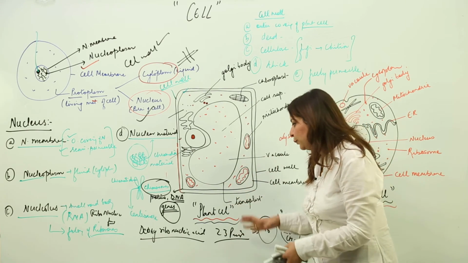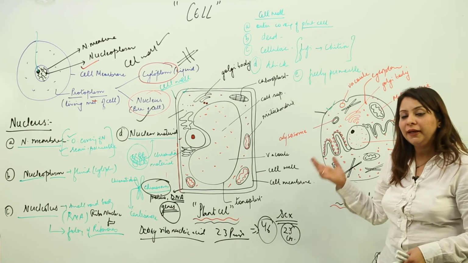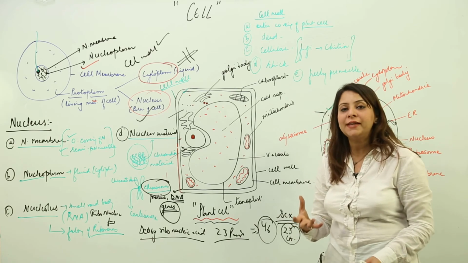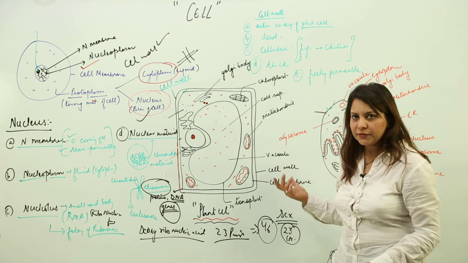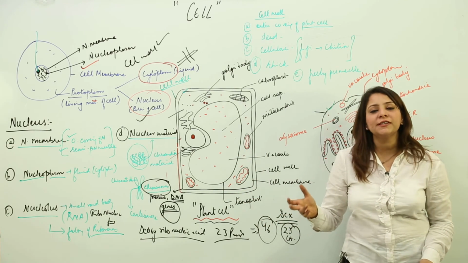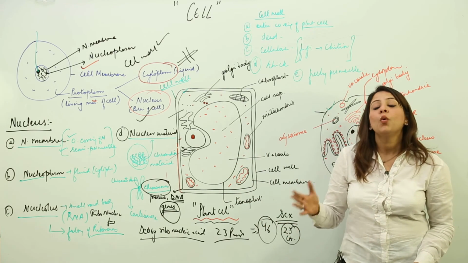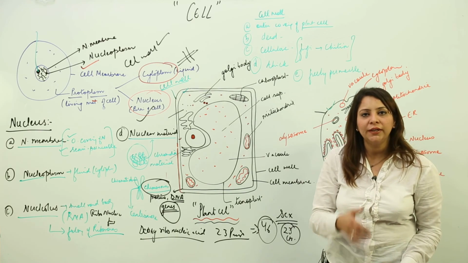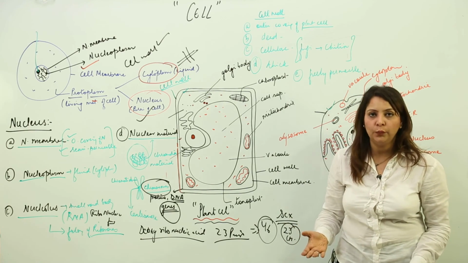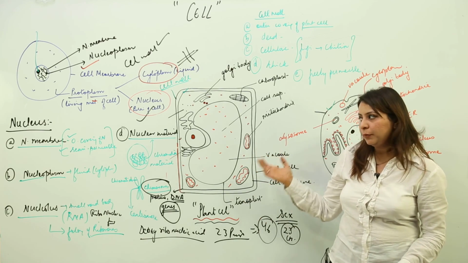And don't forget to practice the plant cell and animal cell, because you may get a question related to it. And in case you need to show any kind of cell, it is better to show these cells. Now we are going to start with the cytoplasm and its components, the organelles: what their functions are, and how they are helping the cell. In the meanwhile, just practice.